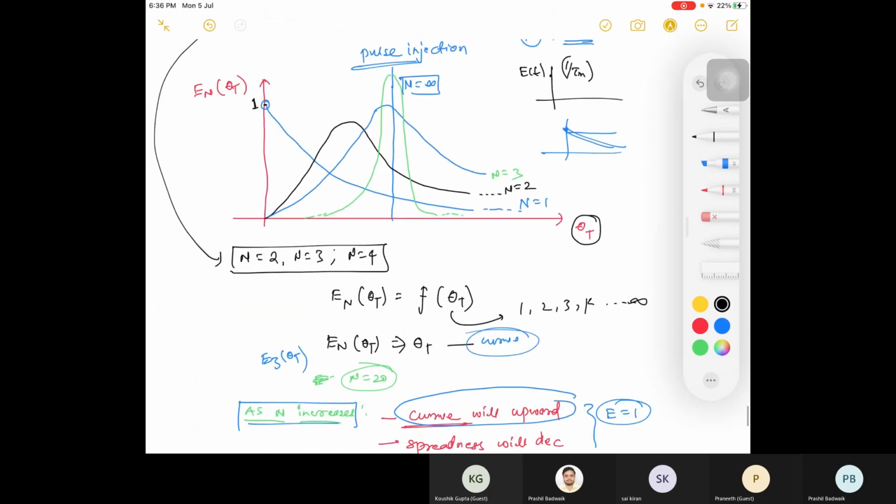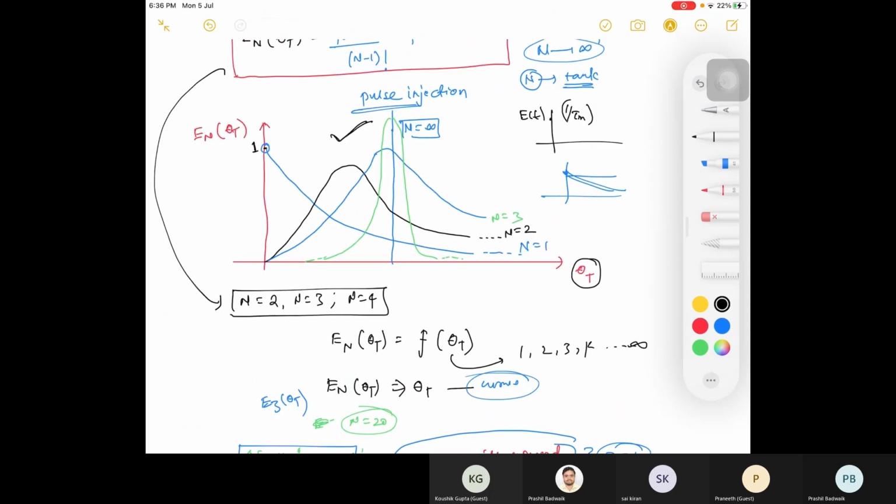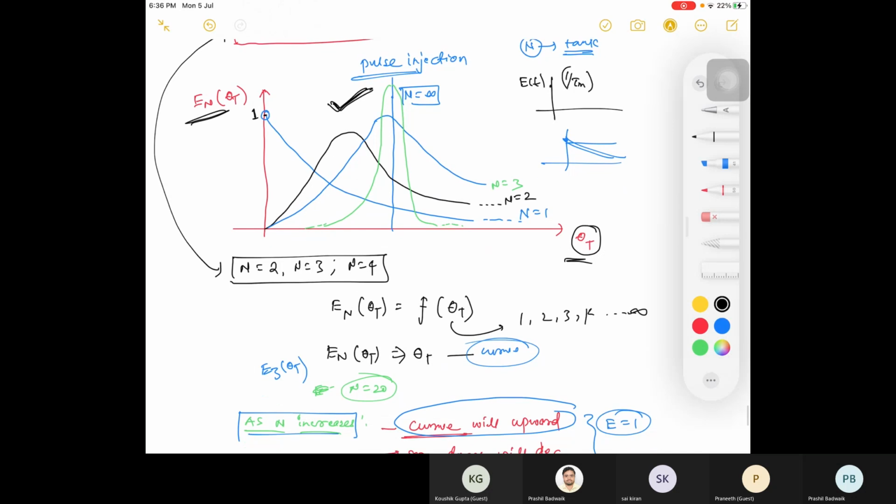If you are able to calculate this, you can calculate n. And if you calculate n, you can have your exact E curve prediction using your tanks-in-series model. Or suppose you have an E curve, you can take your E curve and compare it with the standard one.